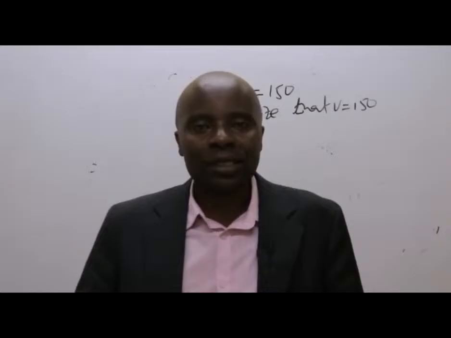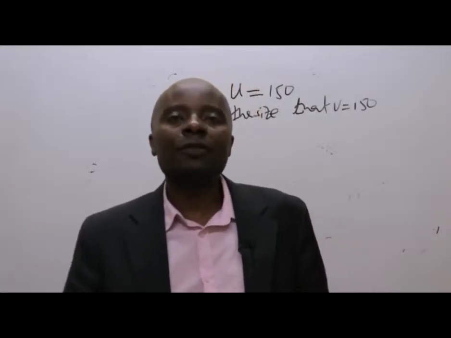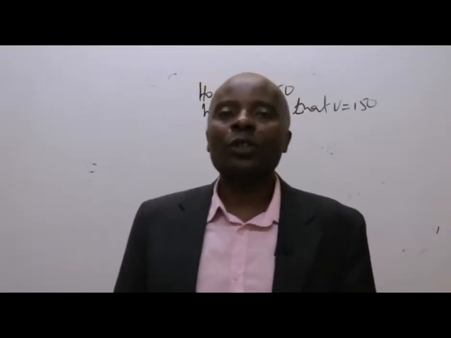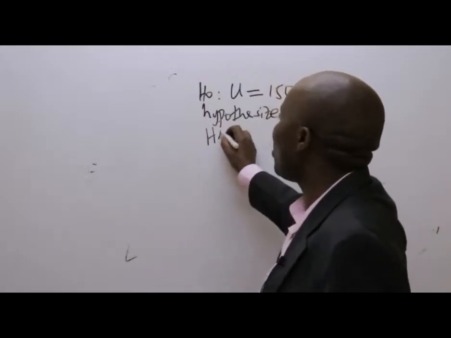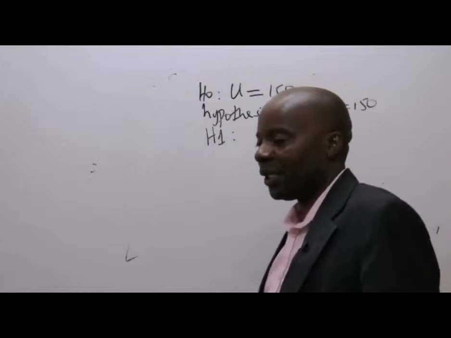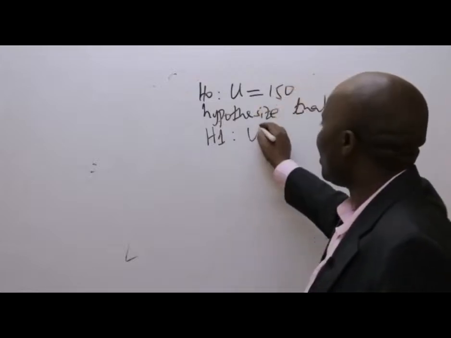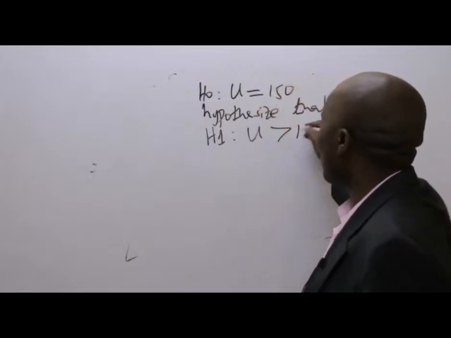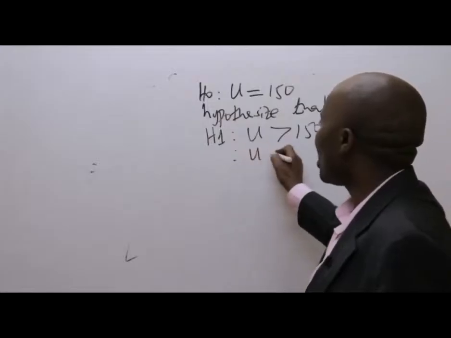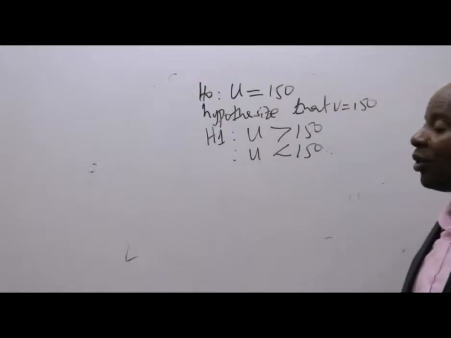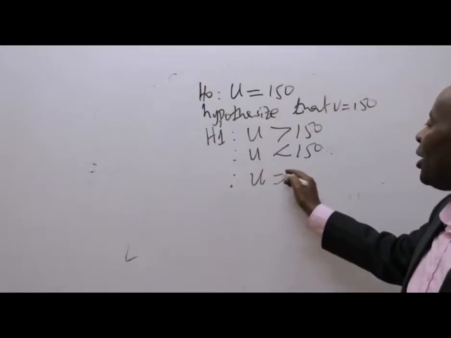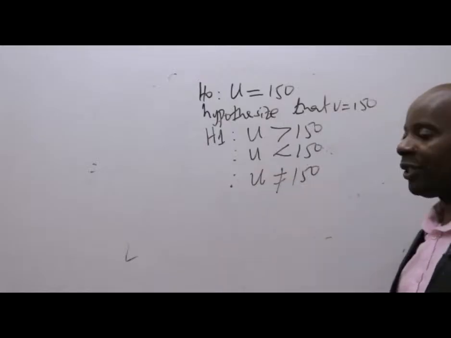And for us to test this, we need an alternative. For the alternative, which we'll be calling H1, there are three possibilities. Either you tell us μ is more than 150, or μ is less than 150, or μ is not equal to 150.